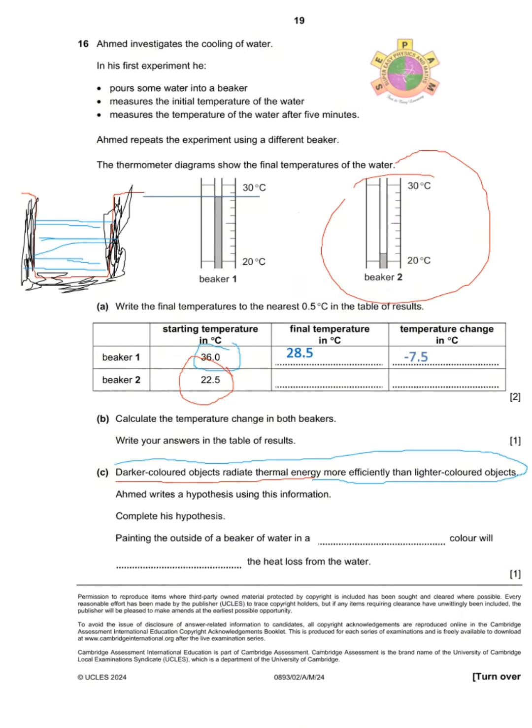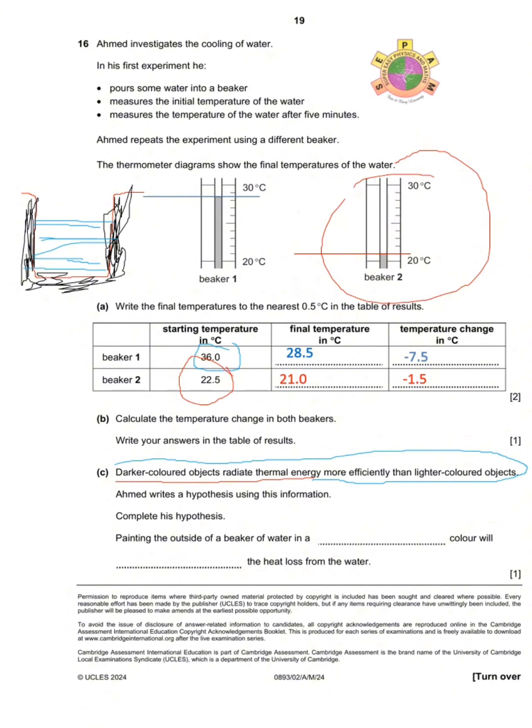So what is the final? Let's read the value there. That is 21 degrees Celsius. So what do you notice? A drop. So subtract 21 from 22.5. The final temperature is lower, that is why it is negative. Whether you put negative or positive, you will be marked correctly.